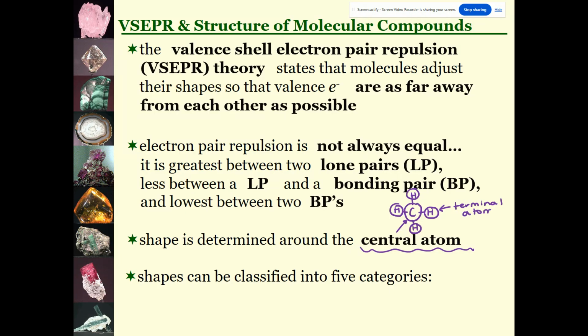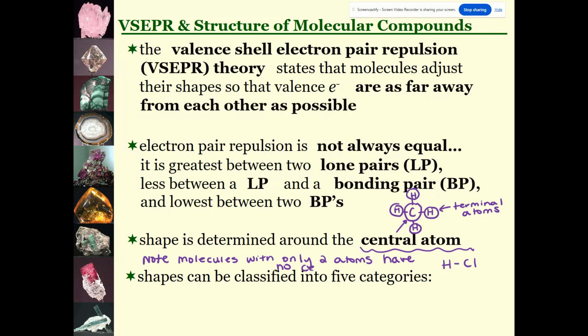Okay? Now, if you have a molecule that has only 2 atoms in it, whether it's 2 of the same or 2 different ones, there is no central atom. So make a note that molecules with only 2 atoms have no central atom.